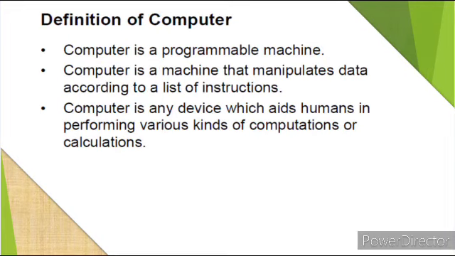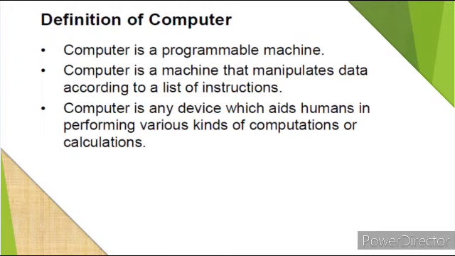Now I am going to explain the definition of computers. Computer is a programmable machine. Computer is a machine that manipulates data according to a list of instructions. These instructions given by the user are in the form of commands.